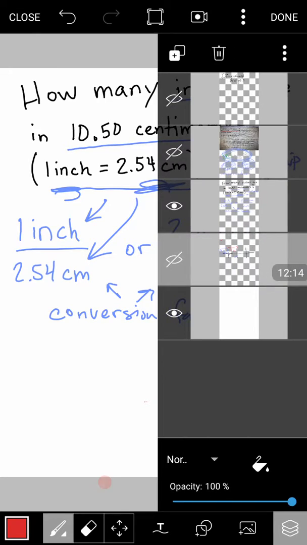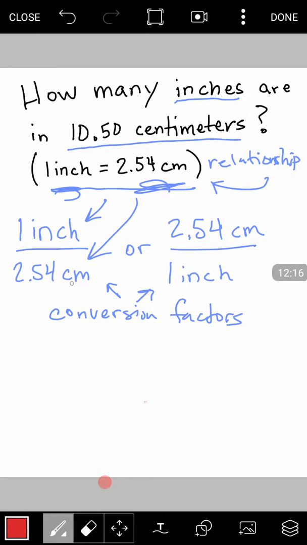Let me highlight that for you. We have centimeters on the bottom. The conversion factor on the left has centimeters on the bottom. The conversion factor on the right has inches on the bottom. So you want to pick out the conversion factor that has the unit on the bottom matching the unit that's on the bottom of your train tracks.